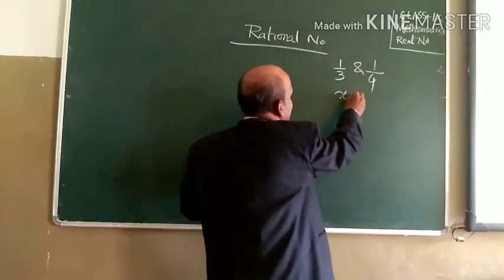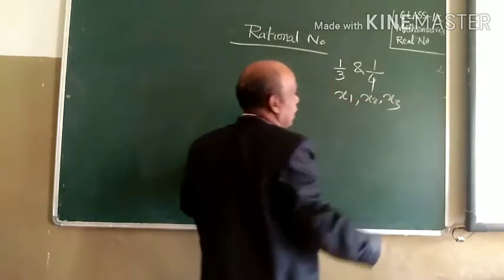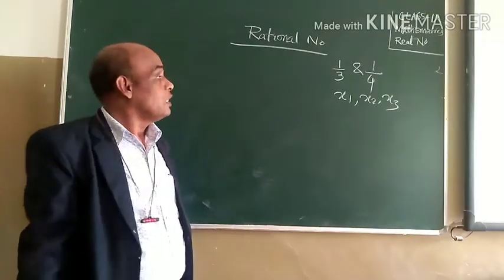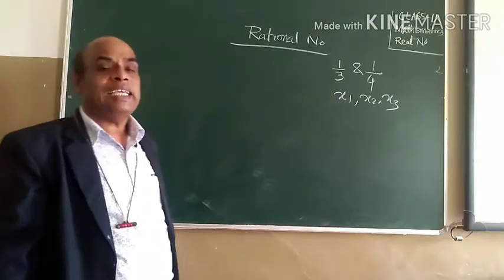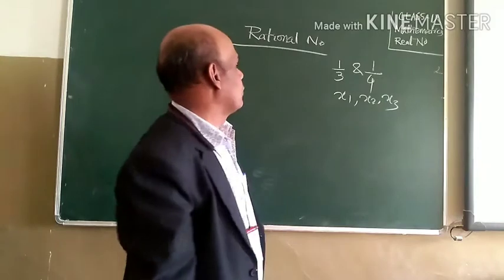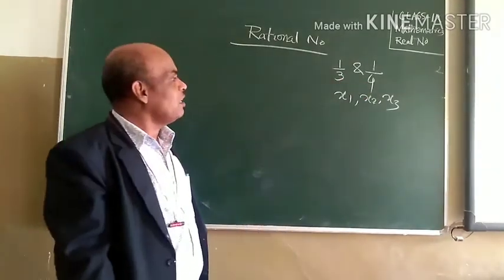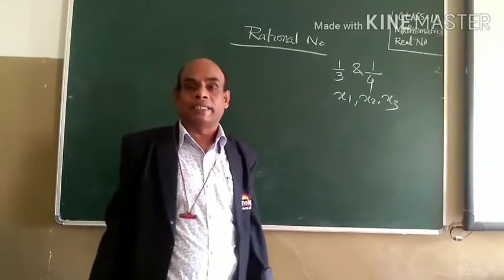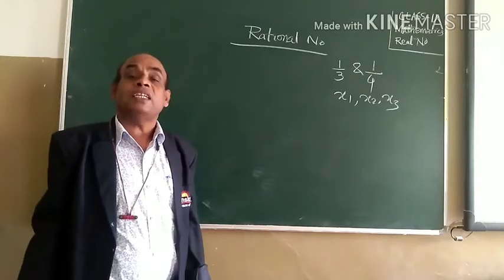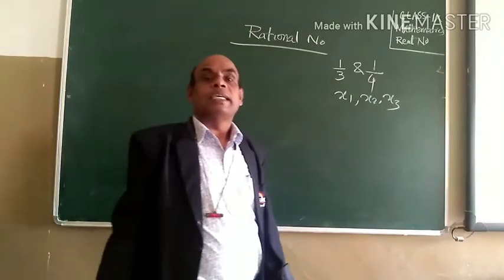You have to find three rational numbers, x1, x2, x3. How can you determine three rational numbers in between 1 by 3 and 1 by 4? Here you observe the denominators 3 and 4 are different. If denominators are different, then a very simple method is to take the LCM.